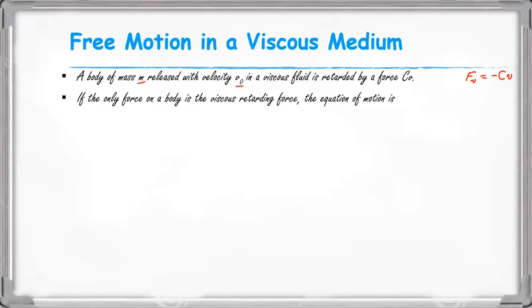First, we have to write the equation of motion. Here we consider only the viscous force. So the only force on the body is the viscous retarding force. The equation of motion is m into dv by dt.